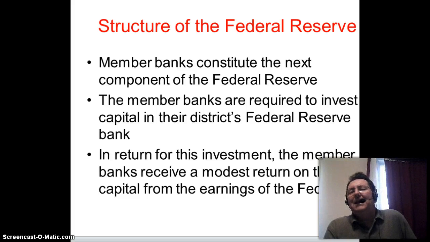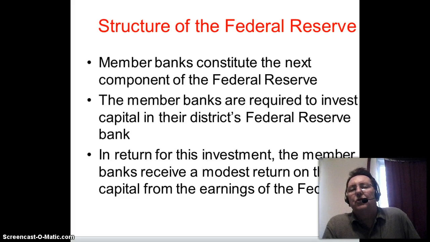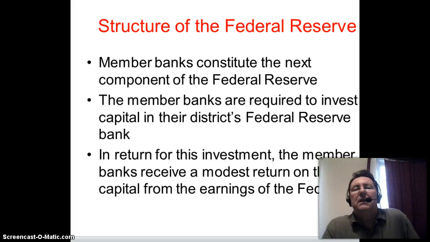That way, it gives the Federal Reserve, the main bank, and the district bank some comfort that all these thousands of local member banks are actually behaving. They're not lending all of their depositors' money out for high interest rate loans. They are, in fact, maintaining a 20 to 40% cushion called reserves, just in case depositors come knocking on the door trying to get some of their deposit money back.